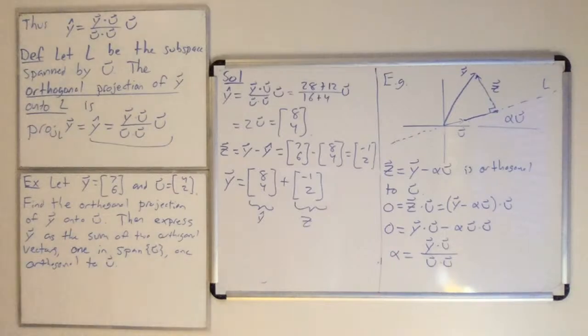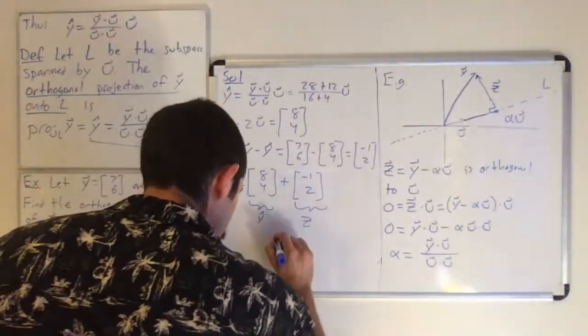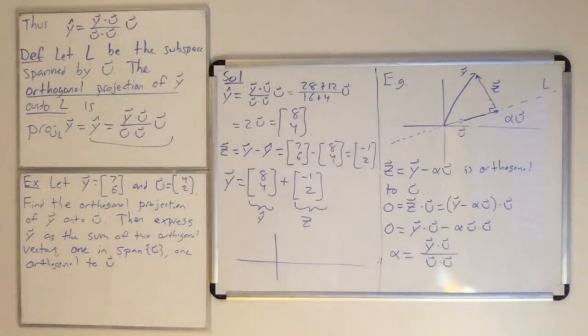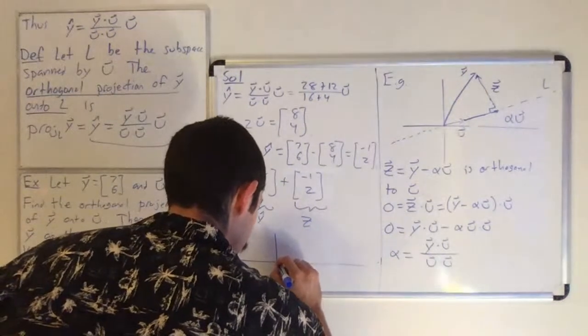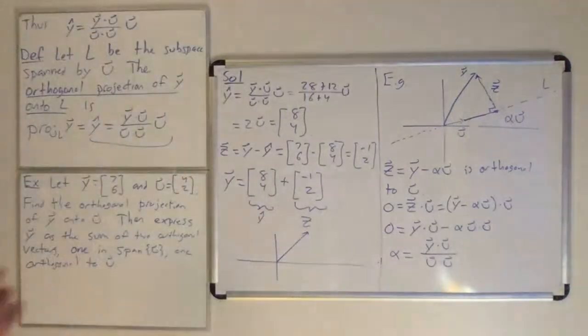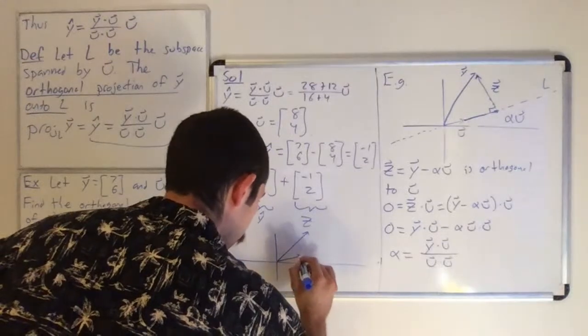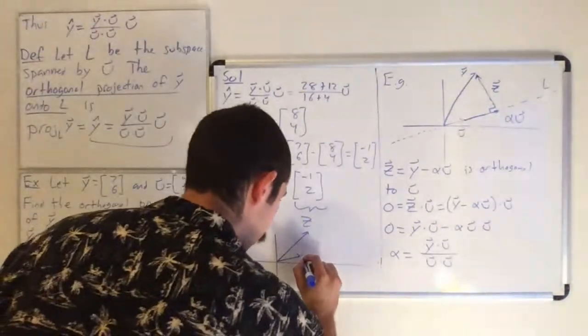Okay, so I'll just do a quick sketch of what this would look like. It's not going to be perfect, but the computer could do a better job. All right, so 7, 6 is the vector that's out here. 4, 2 is here.